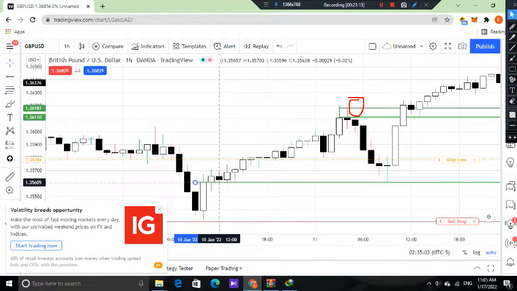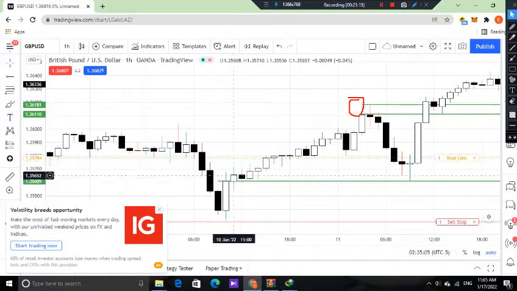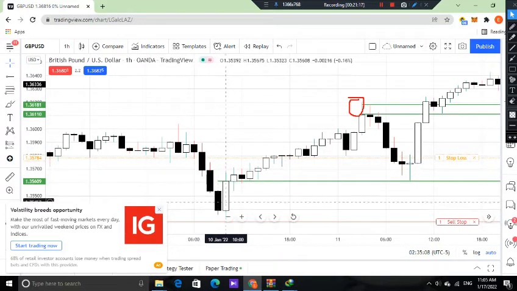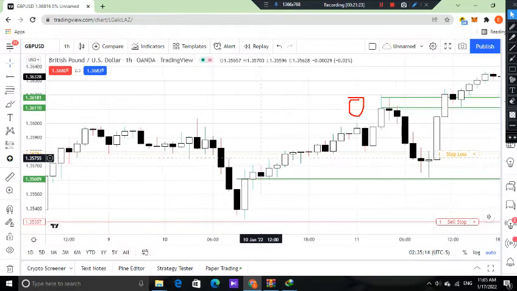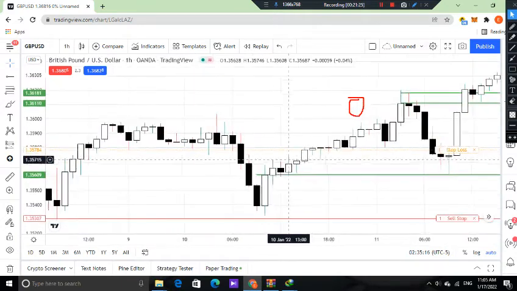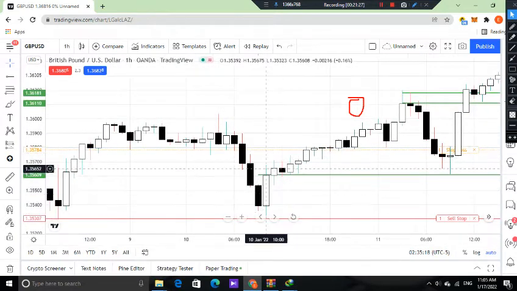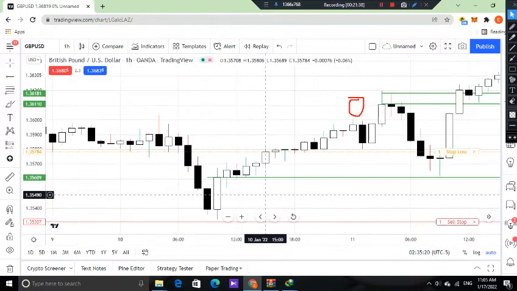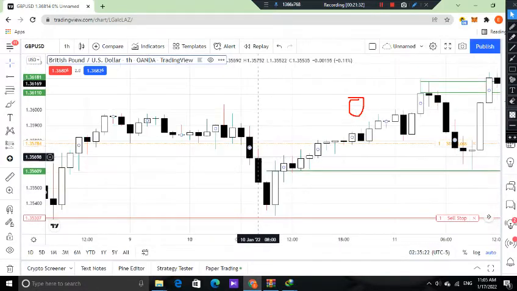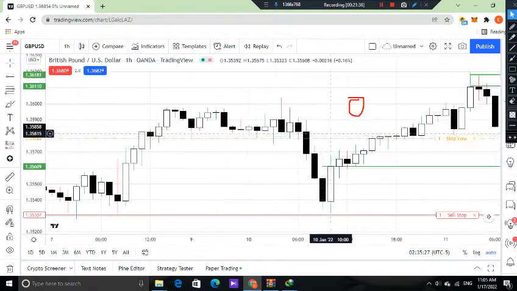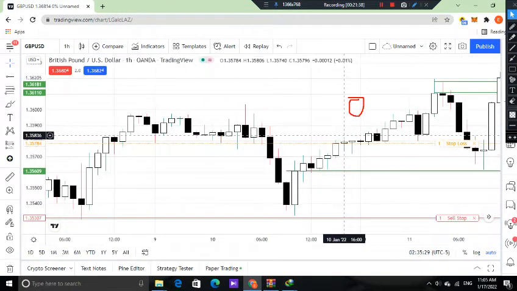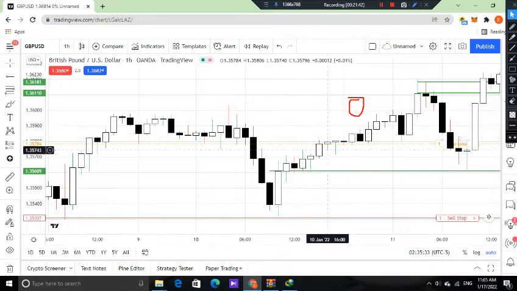I call it entry bar because it engulfed this candle, and I call it signal bar too because it's only here you can see a change in direction and a sign of trend changing, you know, trend reversal.